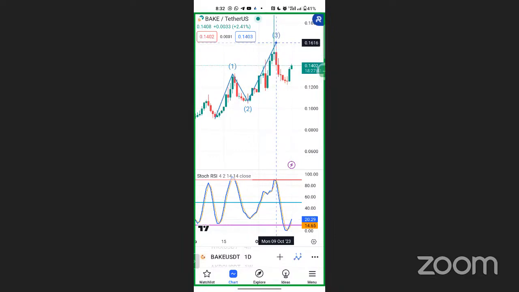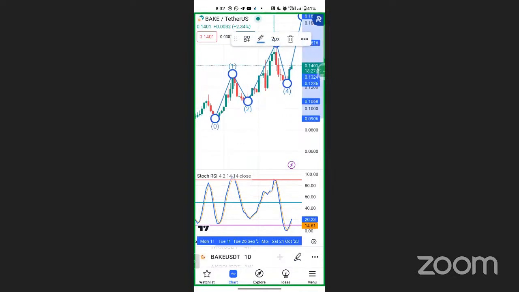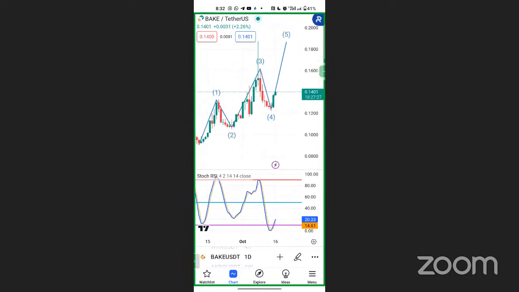Then 4, your 4 is here. Already your 4 is overlapping, because drawing the Elliott wave uses the principle of support and resistance.